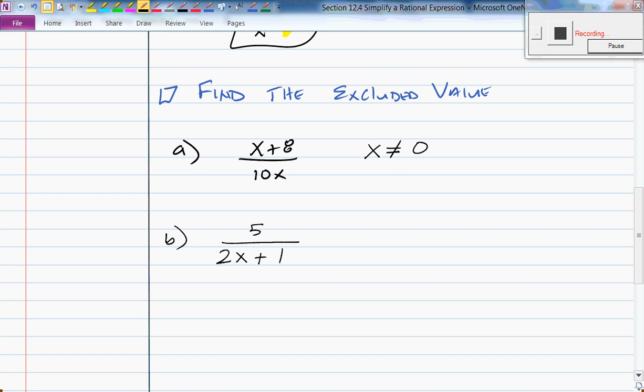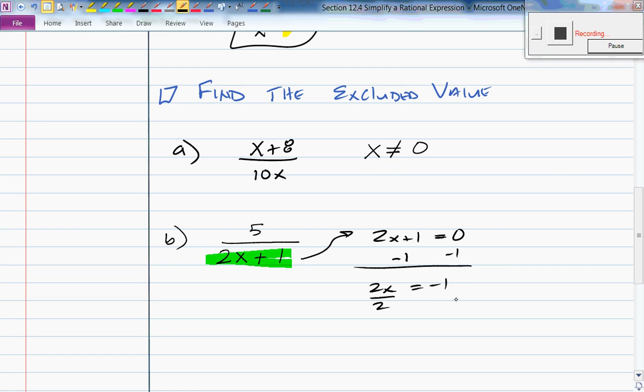You are really, really close. You know what the trick is? You set the denominator, 2x plus 1, equal to 0, and you figure out what x has to be. If we subtract 1 from both sides, then I get 2x is equal to negative 1, divide by 2. So x is equal to negative 0.5, and Kyle came up with 0.5 on his own in his head. But that's how we do it. So x can't be negative 0.5, or you can just say x cannot be negative 1/2.